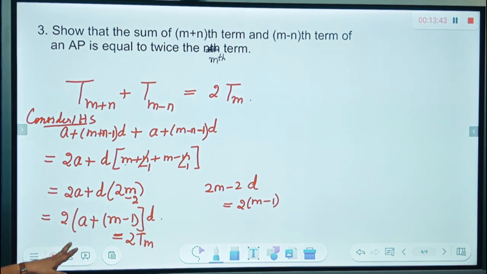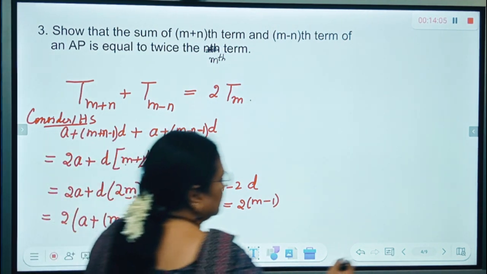So that is 2 into a plus m minus 1 into d, which is twice of Tm, which is what we needed to prove. So if you understand the formula, you should also know how to apply the formula in the correct context. So this is the relationship that we have found. The sum of m plus nth term plus m minus nth term is equal to twice the mth term.